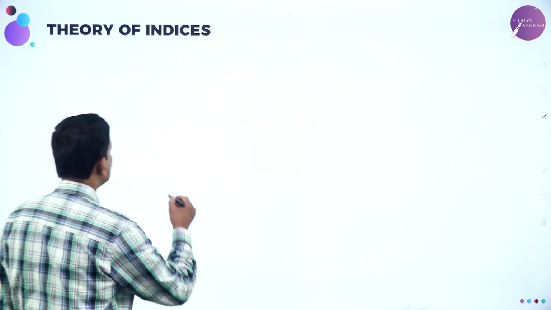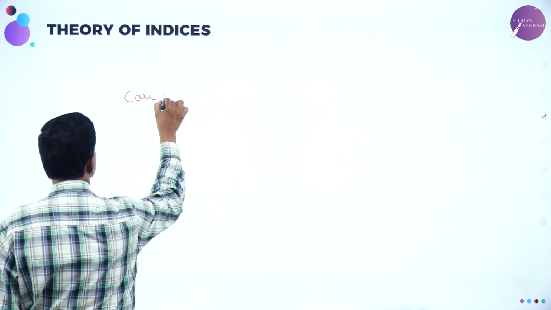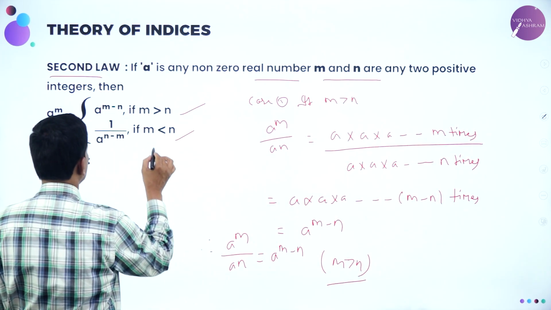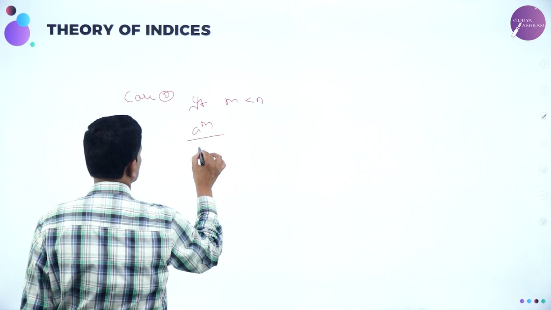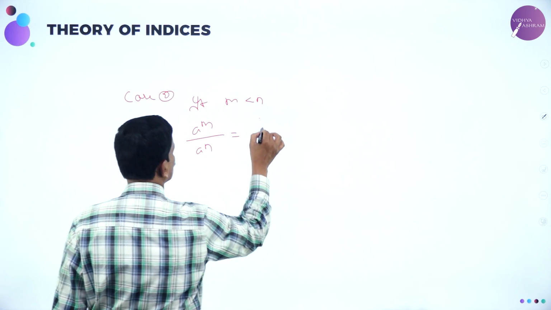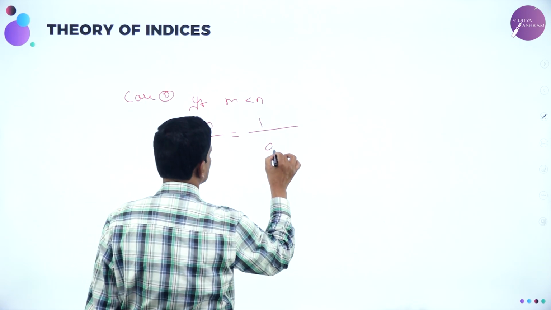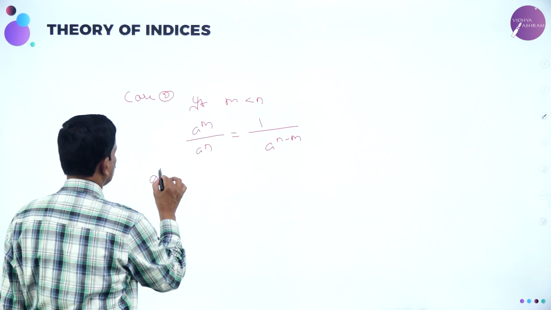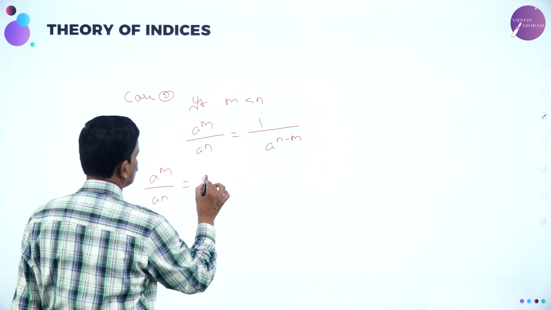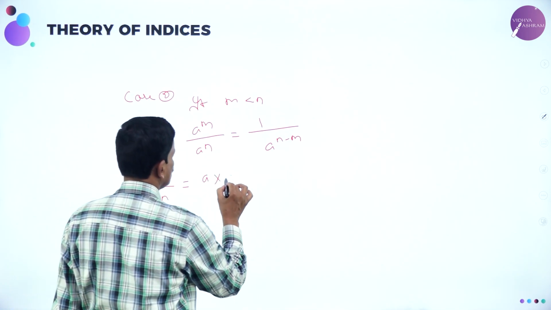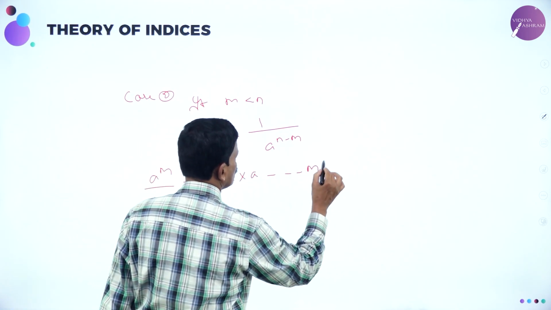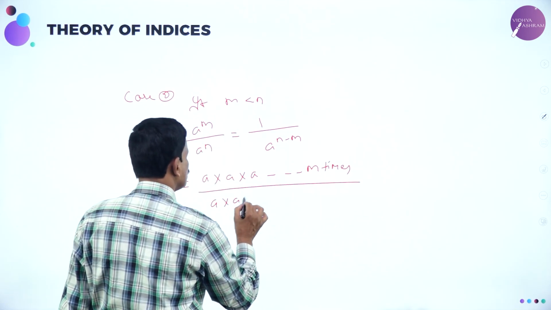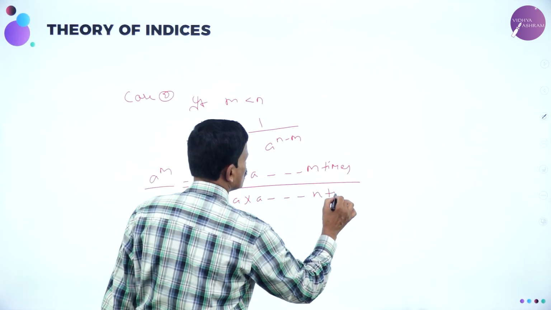What is case 2? If m is less than n, what is to prove? To prove that a raised to m by a raised to n is a to the power of n minus m. Now, take this, a to the power of m by a to the power of n can be written as a to the power of m, means a into a, m times, divided by, in the denominator, a into a, n times.